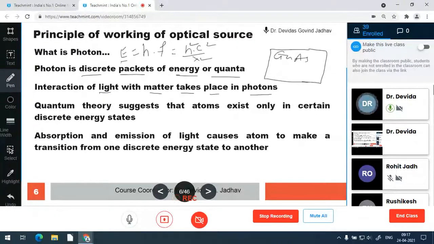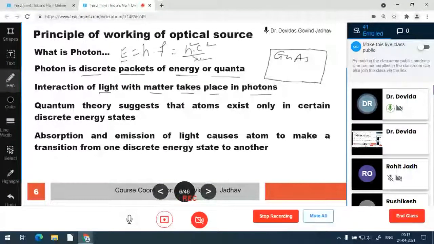Silicon and germanium are not used in optical devices because their band gap energy and some other properties do not match. So gallium arsenide alloys, etc., are used. These are also semiconductors.